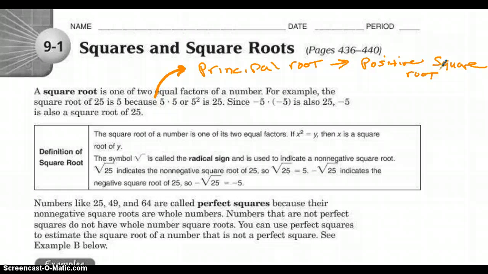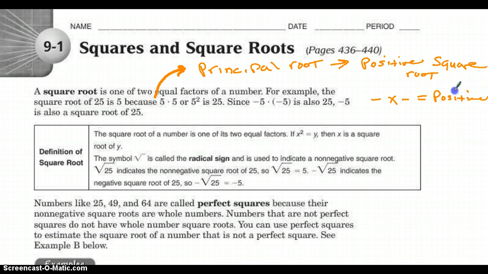But also notice that we do have a negative 5 times a negative 5 that will also give us 25. And it is also a square root of 25. The reason why is that the rules of integers say a negative times a negative equals a positive.